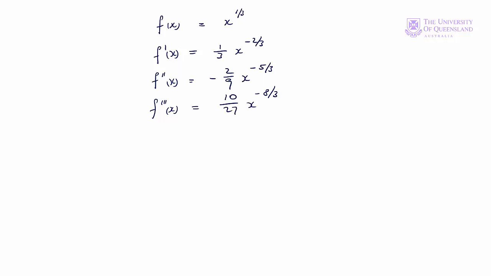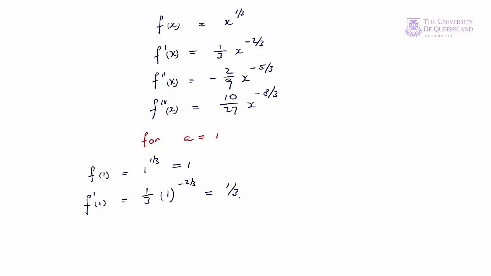We want to evaluate the function and those derivatives for a equals 1. The value of the function at 1 is equal to, well, 1 to the 1/3 is equal to 1. The first derivative evaluated at 1 will be 1/3 times 1 to the minus 2/3. That's equal to 1/3.